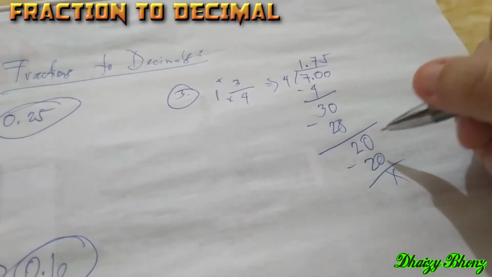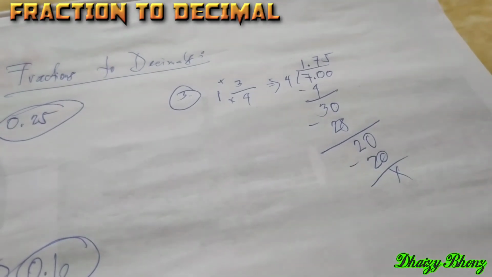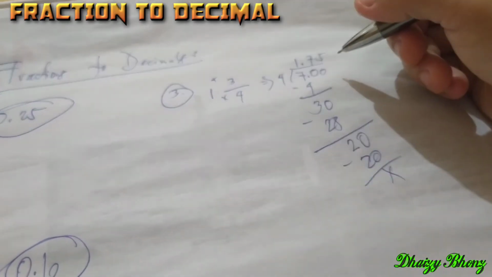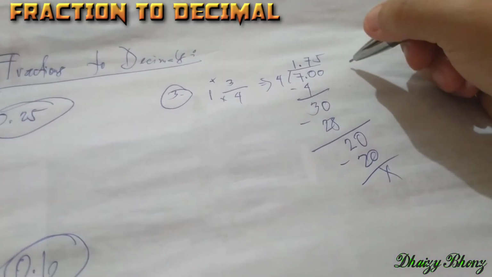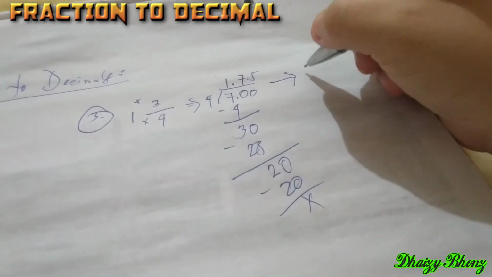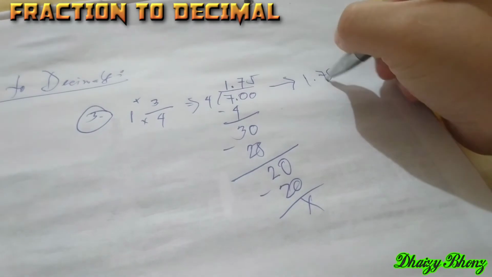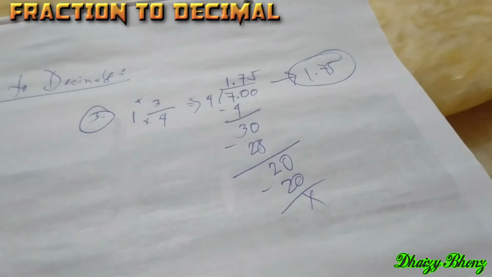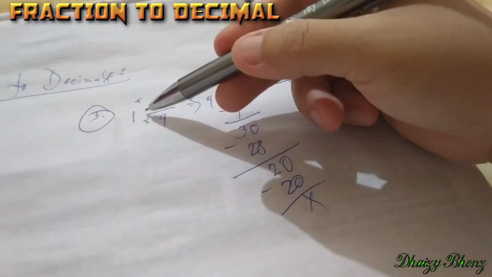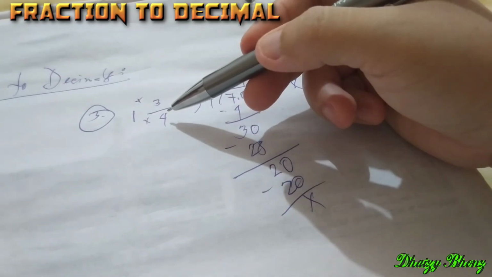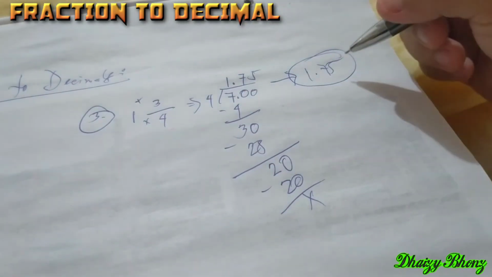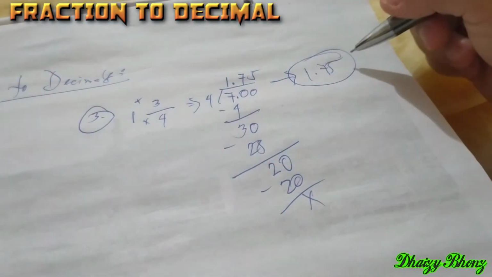So, 20 minus 20, no more. So, we have 1.75. Okay? From 1 and 3/4 fractions to decimals, 1.75.